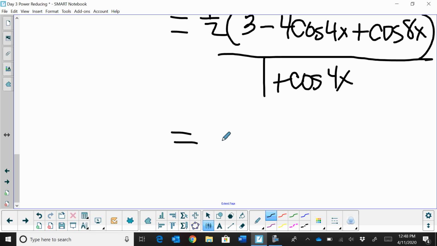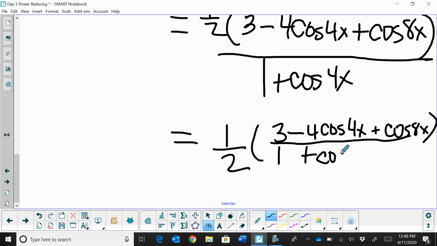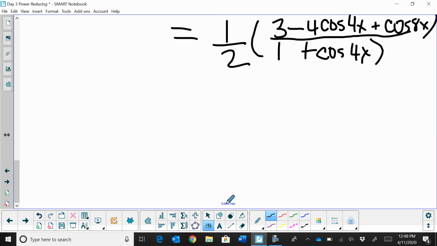So really, I'm saying 1/2 times this whole quantity, 3 minus 4 cosine 4x plus cosine 8x, all over 1 plus cosine of 4x. So really all I need to do at this point is distribute the 2 into the denominator.